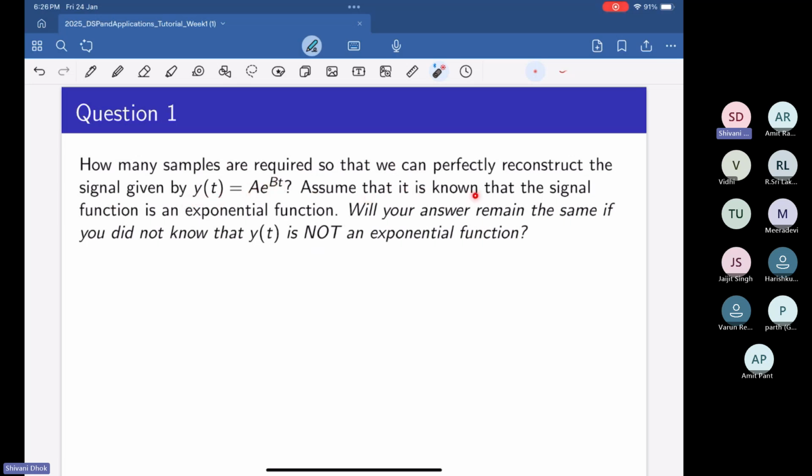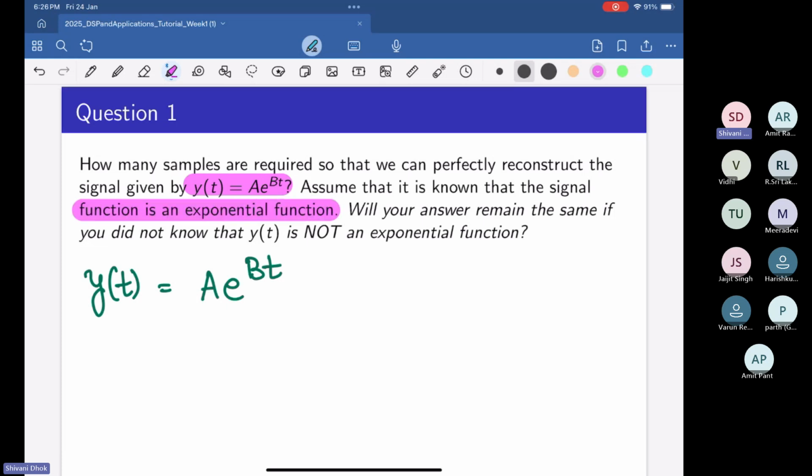Assume that it is known that the signal function is an exponential function. So what is given to us is that y of t is equal to a into e power bt, and it is given to us that this function is an exponential function.